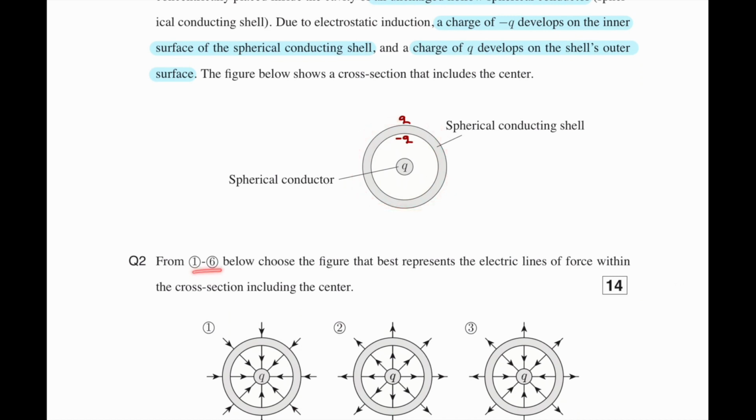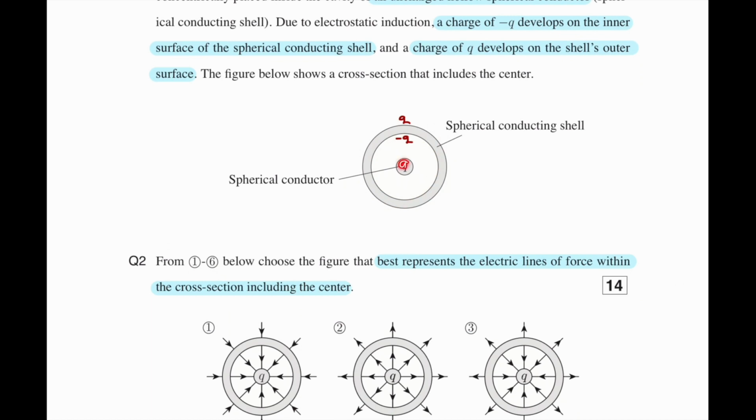From 1 until 6, choose the one that best represents electric field lines within the cross section including the center. If you remember the previous question, I already mentioned that the direction of electric field is out from positive and into the negative.